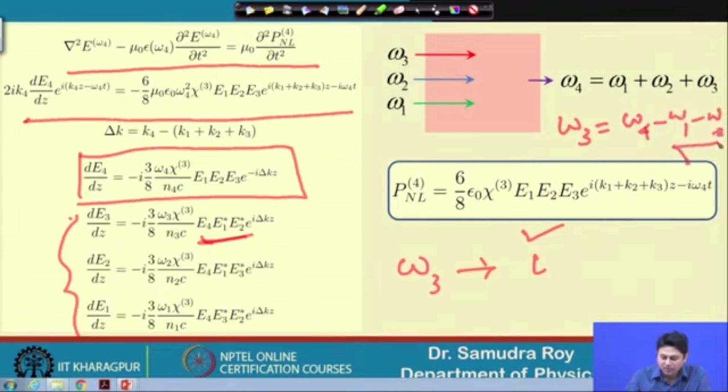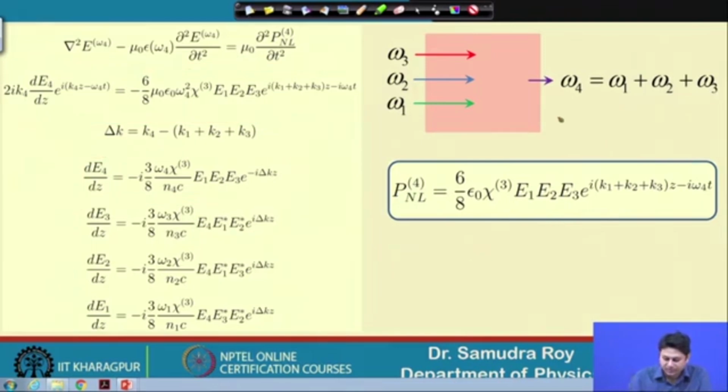Let me write it once again: omega 3 is omega 4 minus omega 1 minus omega 2.